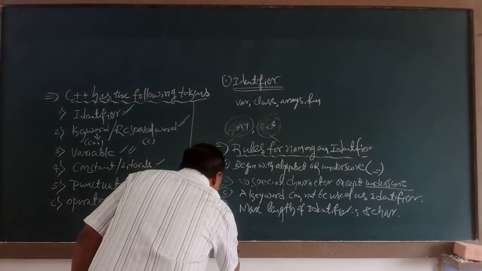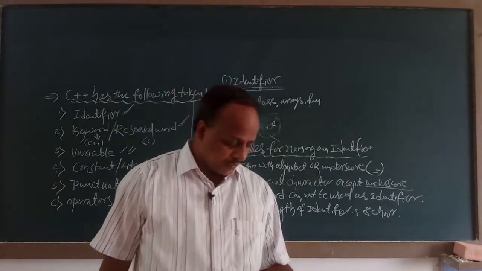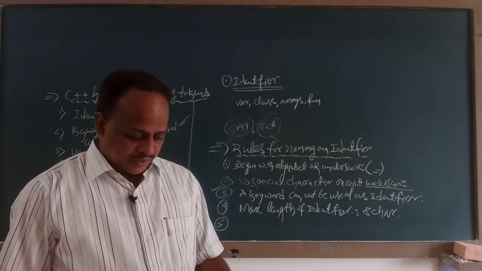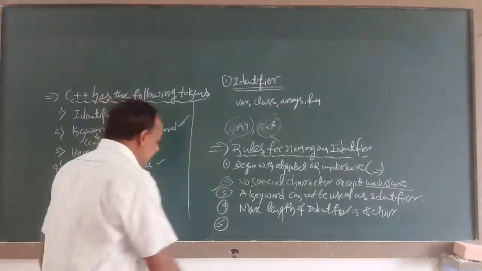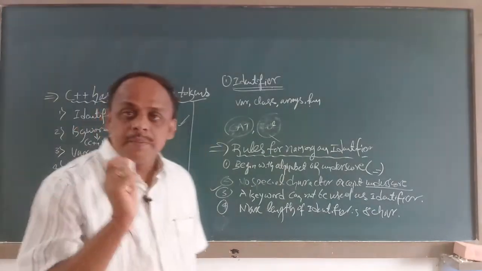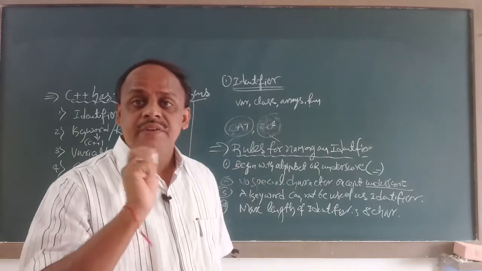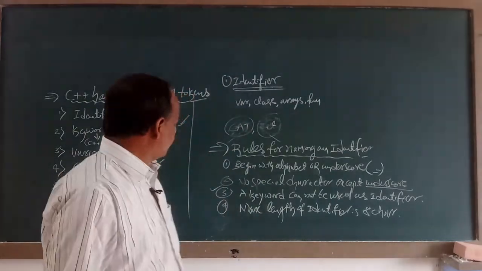So these are the 4 points we have to remember while defining an identifier, right? What are the four rules?